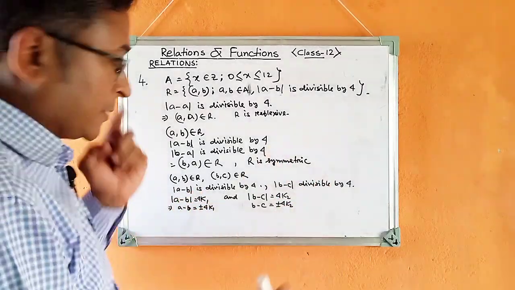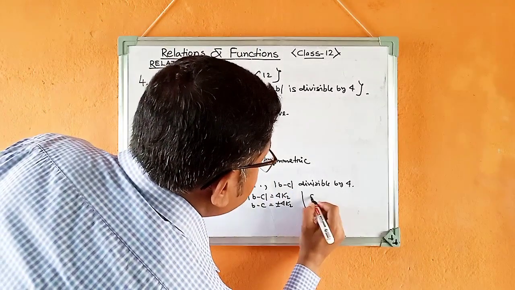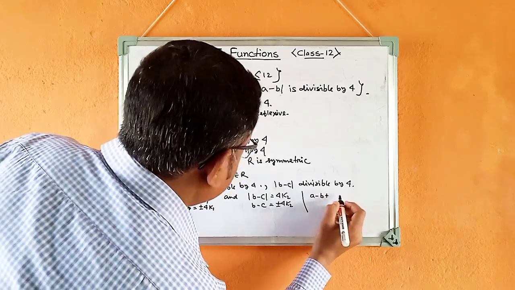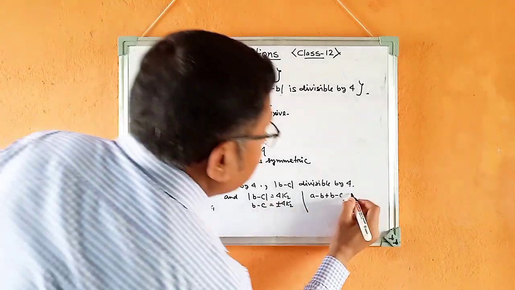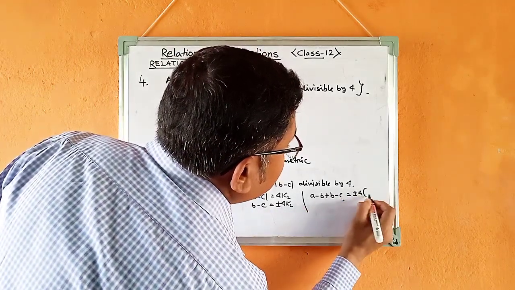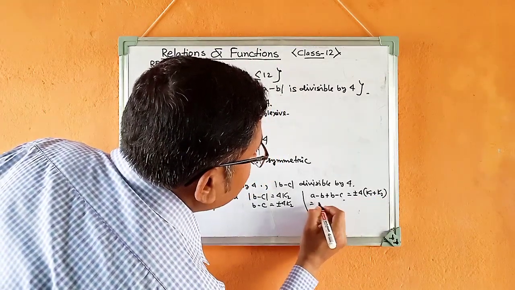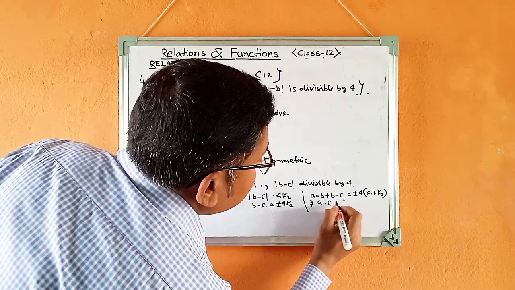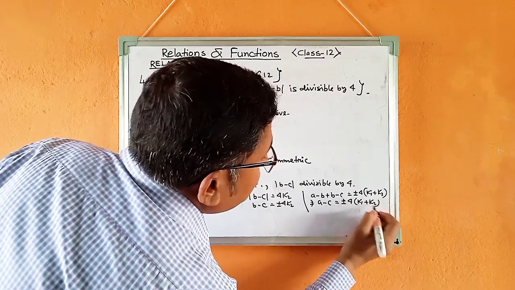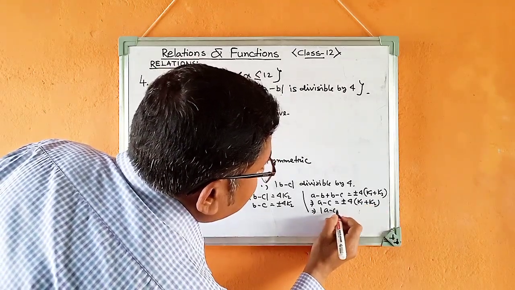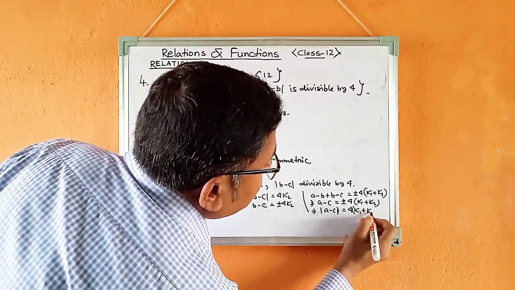A minus B plus B minus C equals plus or minus 4 into (k1 plus k2). Here B cancels, so we get A minus C equal to plus or minus 4 into (k1 plus k2).